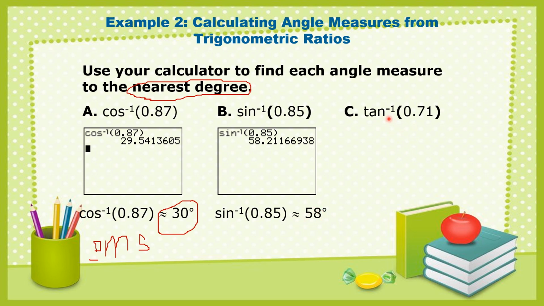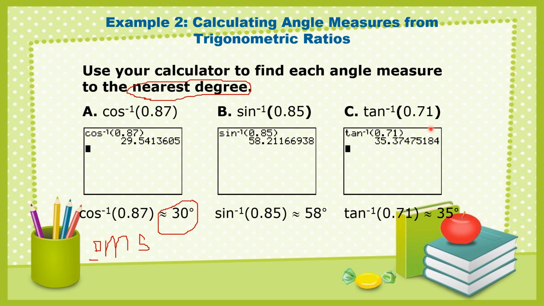Last is the inverse of tangent 0.71. In your calculator, just click shift, tan, 0.71, equals. The answer is 35.37475184, and then click the DMS key, degrees, minutes, and seconds. It is equal to 35 degrees.